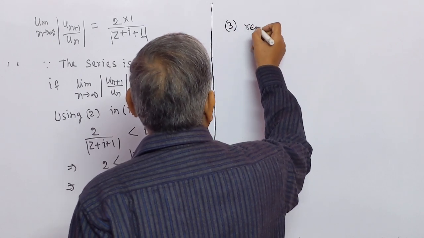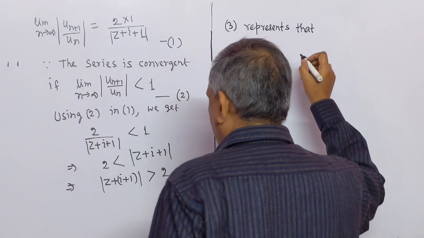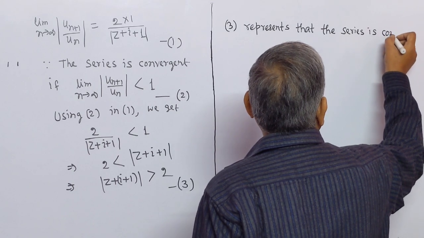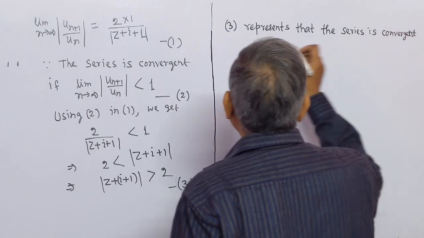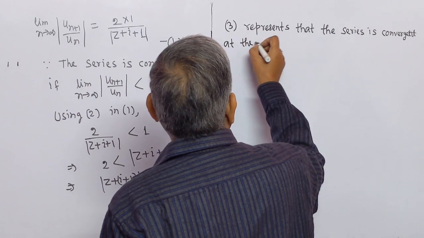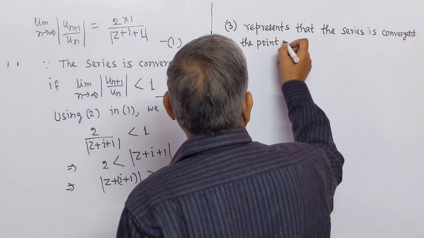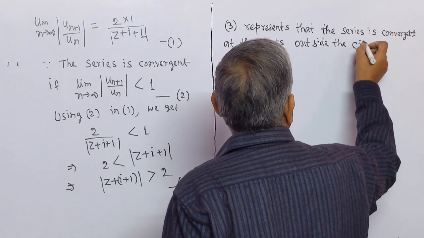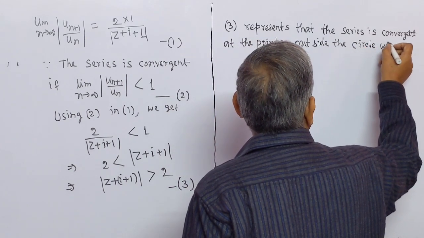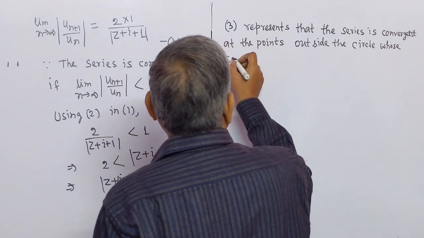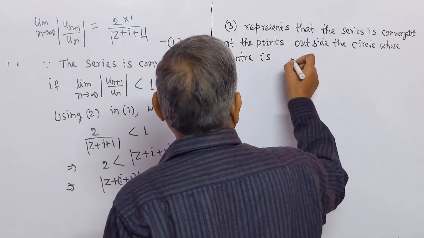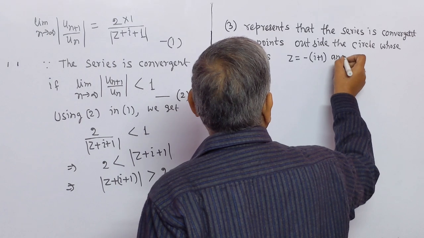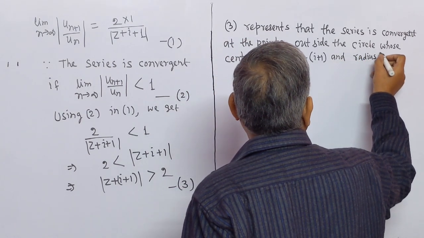3 represents that the series is convergent at the points outside the circle whose center is z equal to minus i minus 1 and radius is 2.